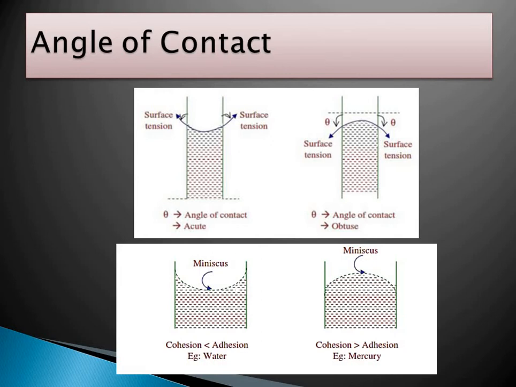The angle of contact is very acute due to the small size, and when cohesion is smaller than adhesion, there will be an increase in water level, and if it is greater, then there will be a decrease in water level.